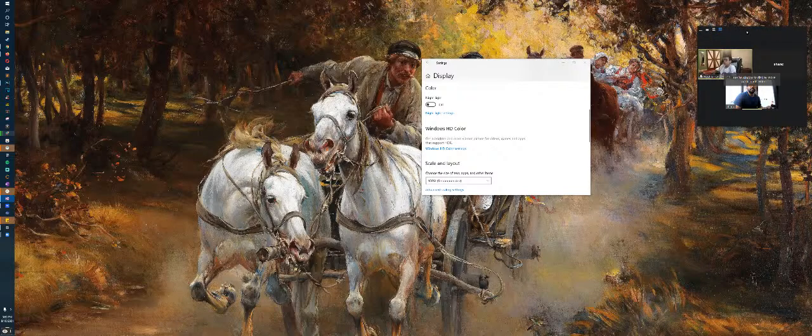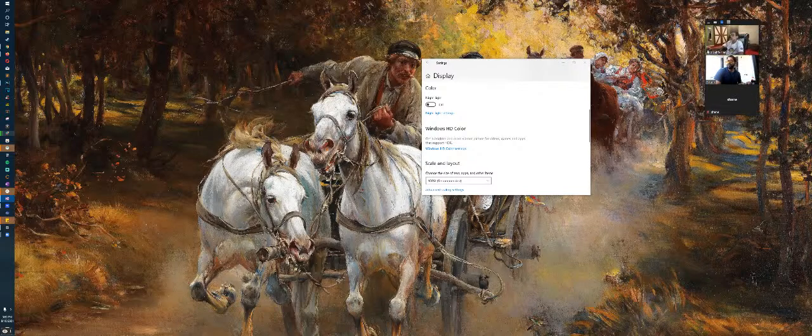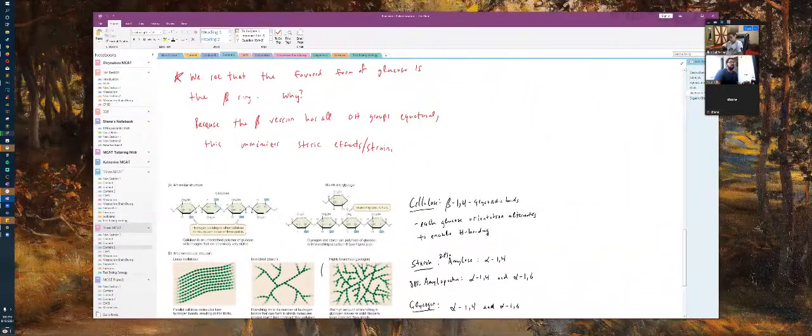Can you see my shared screen? Do you see my shared screen? No, it's still you on the camera. Okay, let's see.